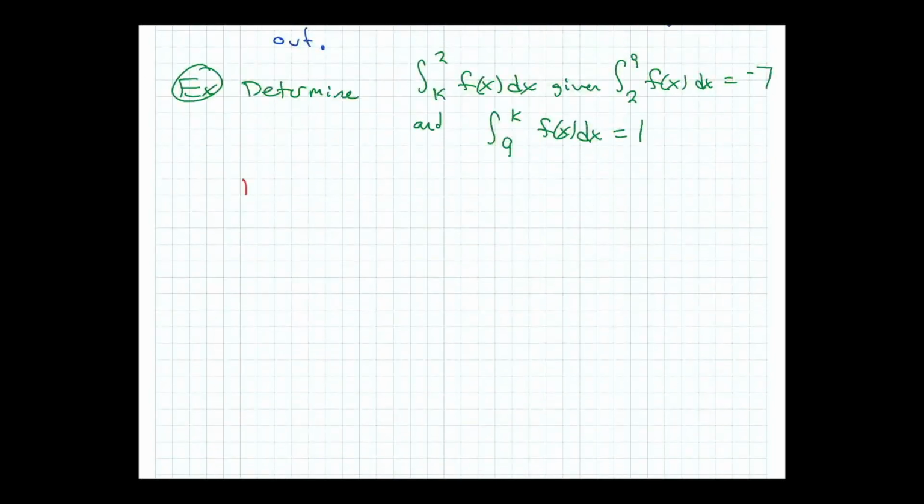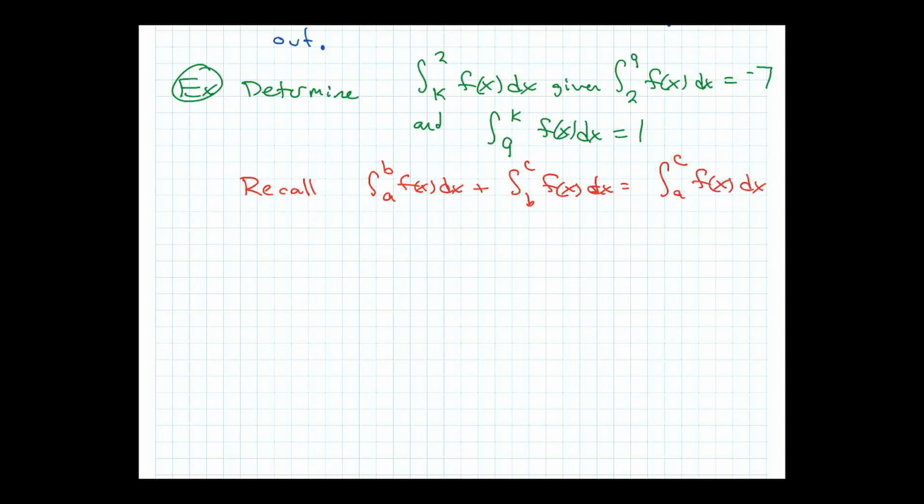So just recall the formula, right? It was the integral from a to b of f, whatever the function is, plus the integral from b to c of f dx equals the integral from a to c of f of x dx. Now to write this out, make sure you know which ones match, the b and the b, like there.